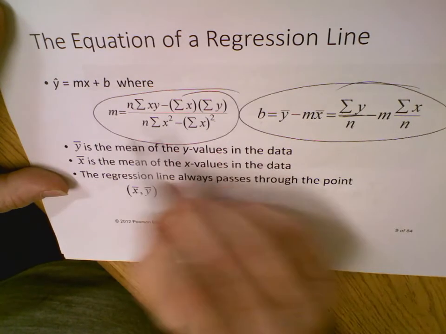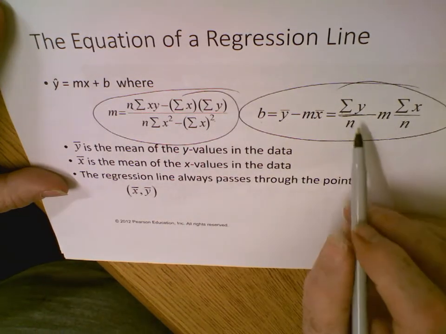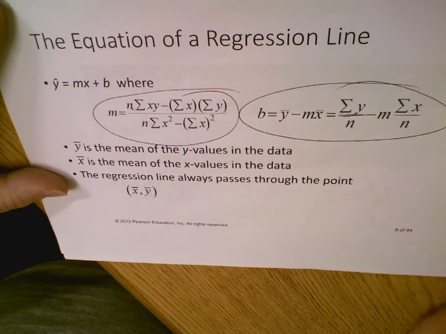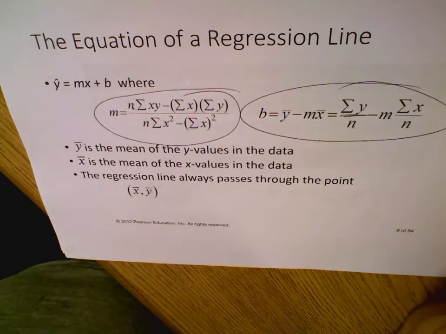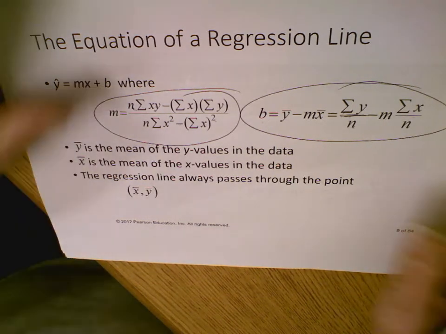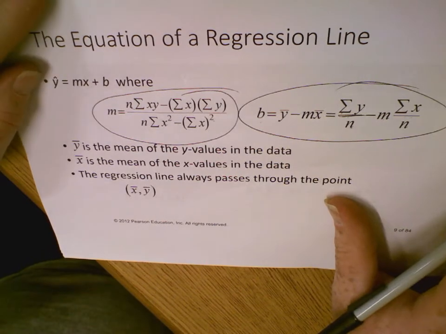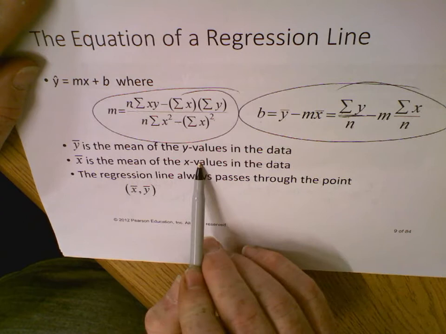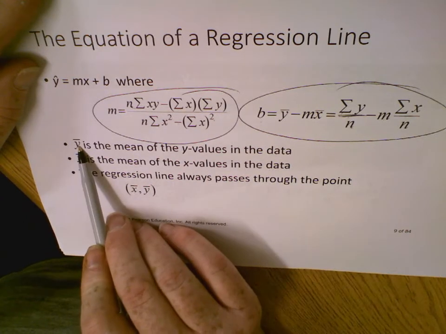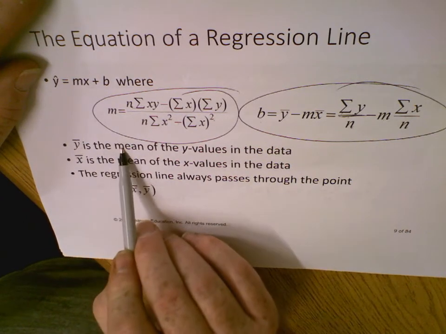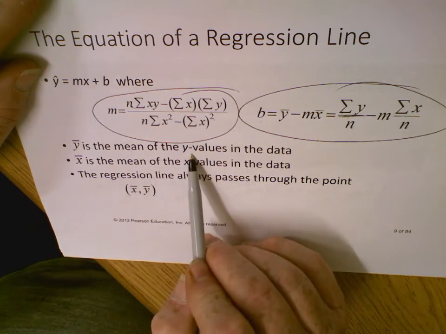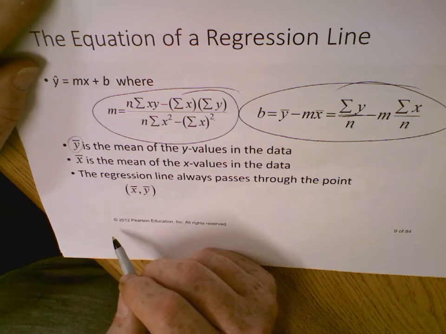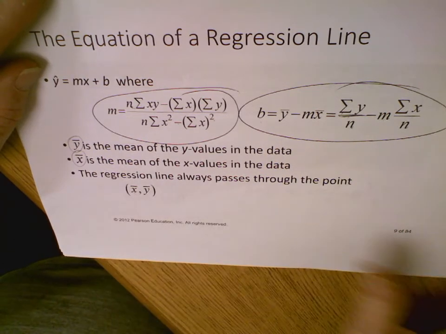Whatever this answer is that we got from over here, we stick in there, and we do this answer minus the slope times that answer. These formulas look really hard, but if you do the chart, they're not really all that difficult. Remember that X bar means the mean value for the X's, and Y bar means the mean value for the Y values.